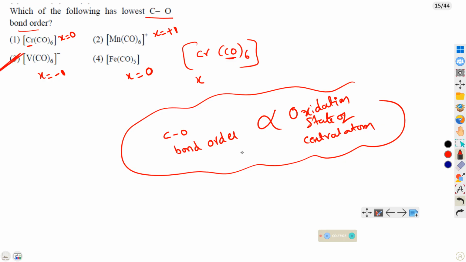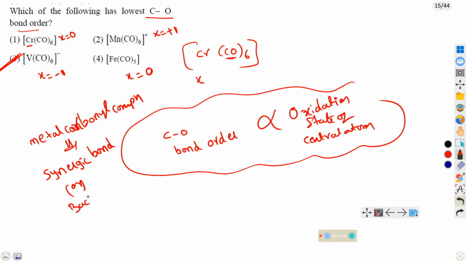Why does it depend upon the oxidation state of the central atom? Because all these are metal carbonyl compounds. In metal carbonyl compounds, synergic bonding is involved. Synergic bond is also called back bond.